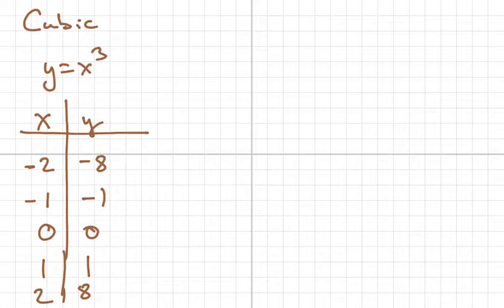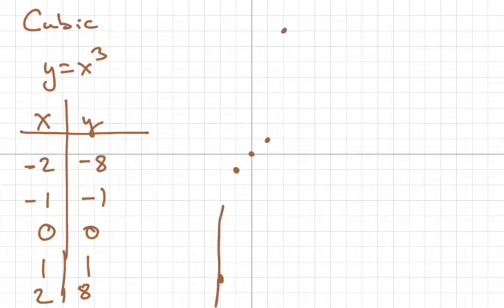So let's go negative 2 and go down 1, 2, 3, 4, 5, 6, 7, 8. Got a point there. And then we go negative 1, negative 1. We got a point there. We got 0, 0, 1, 1, and we got 2, 8.